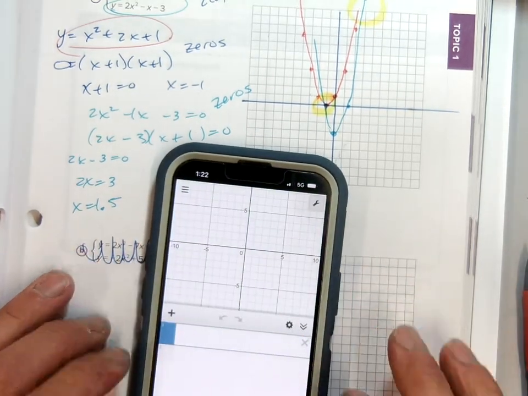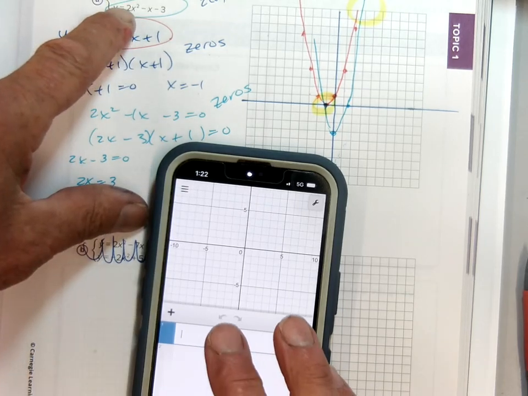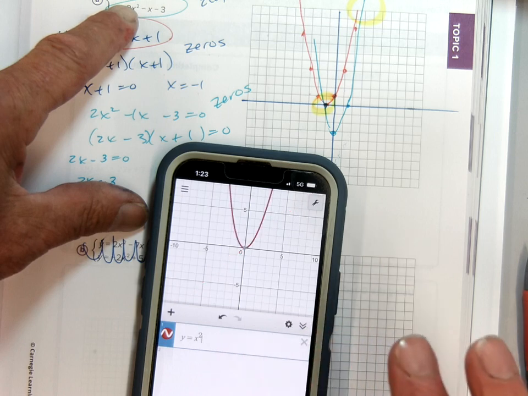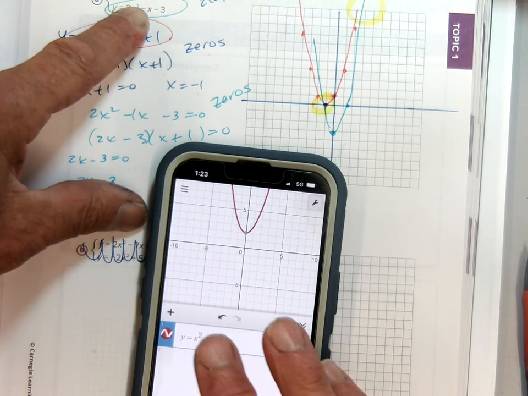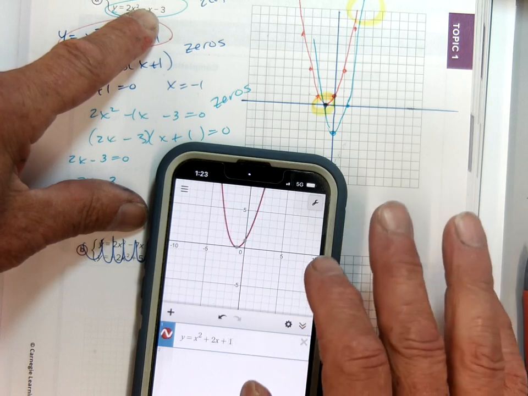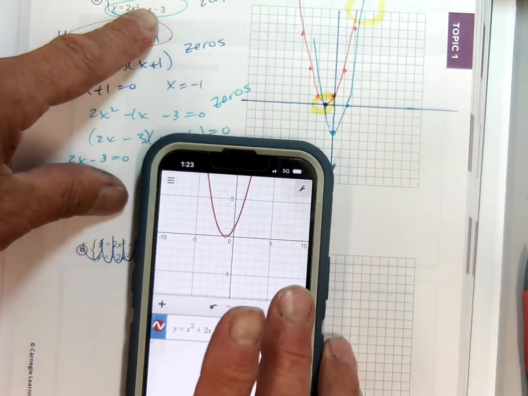Okay, Desmos, I'm going to type y equals x squared plus 2x plus 1. Looks just like what I have, right? Ta-da, there it is.